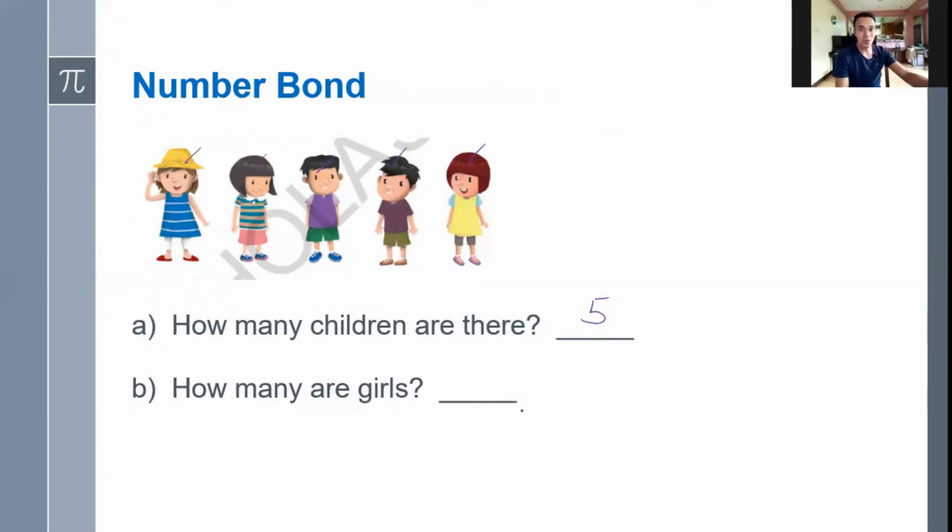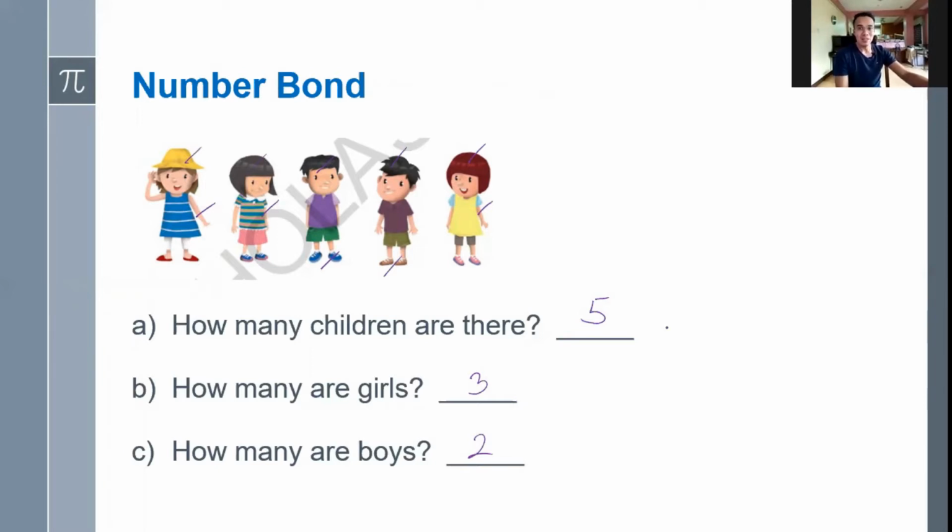Let's count the number of girls. 1, 2, 3. There are 3 girls in the picture. How many are boys? Let's count the number of boys in the picture. 1, 2. There are 2 boys in the picture.